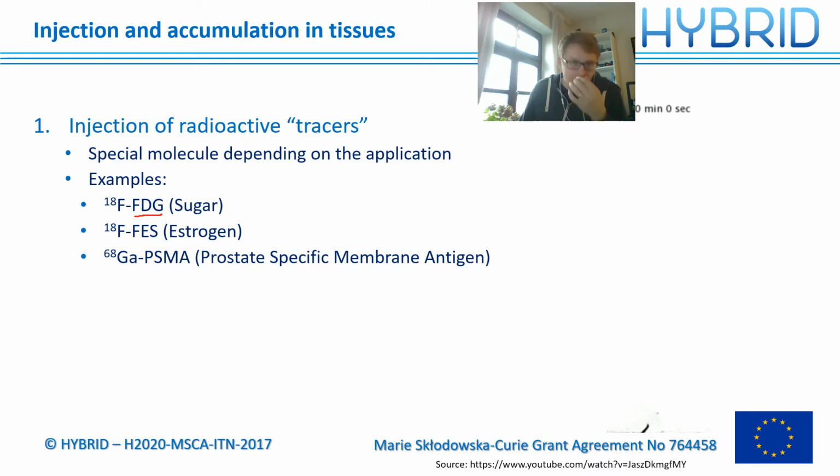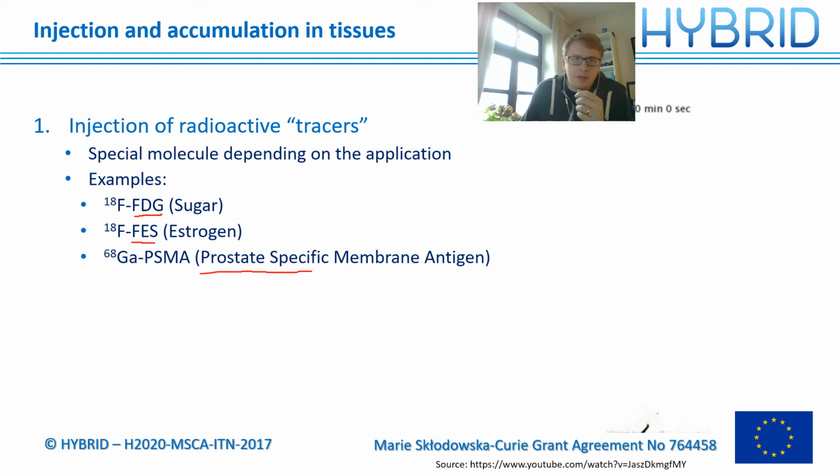uptake. And then there's also, for example, estrogen, so FES, and this would be especially useful in breast cancer, for example, because there, if you would want to see whether metastasis has also some receptors for estrogen or not, that could also influence your decision on the treatment. And the male equivalent would be prostate-specific membrane antigen, so PSMA.